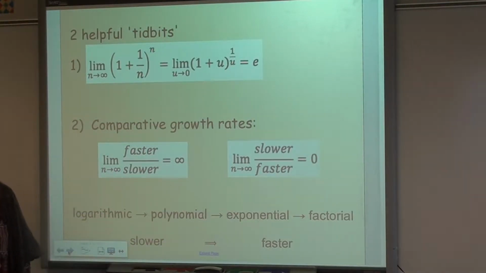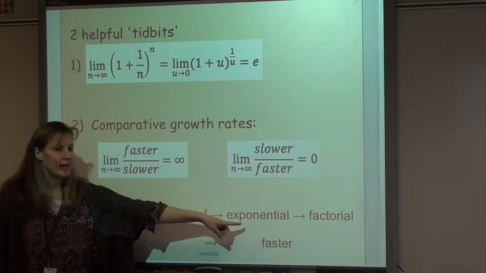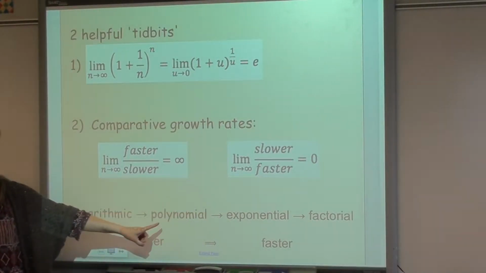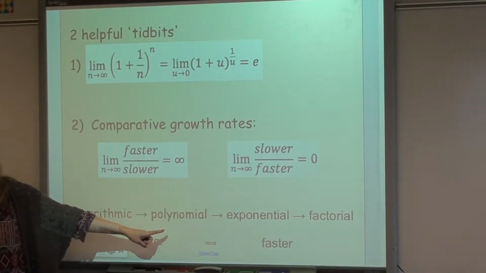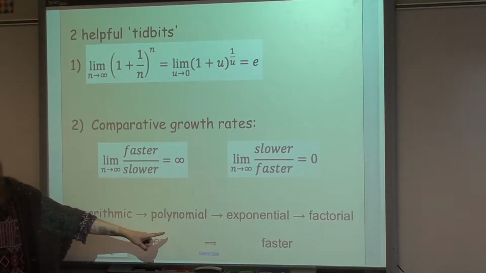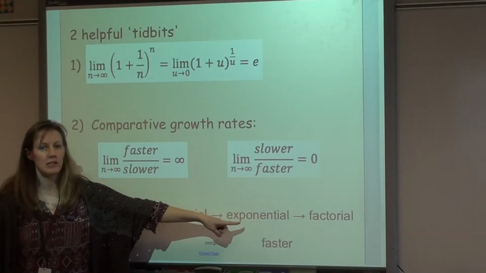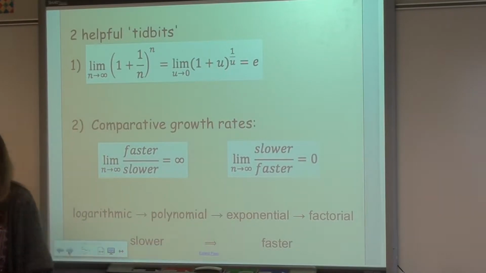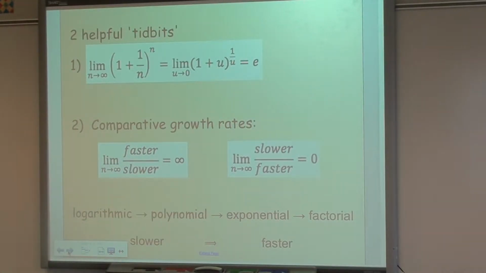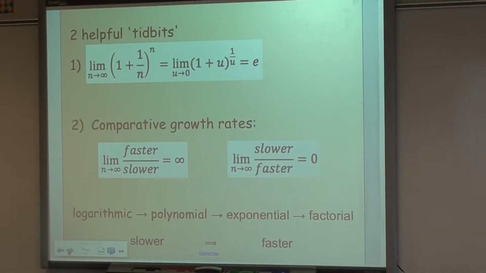If I have a limit of 8 to the x over 100x to the 20th plus 16, it's going to go to infinity because 8 to the x grows faster. Exponentials grow faster than polynomials. So just something to have in your back pocket if it comes in handy.